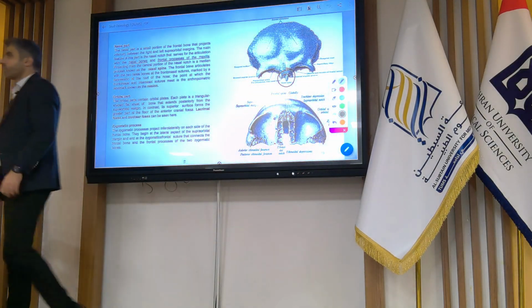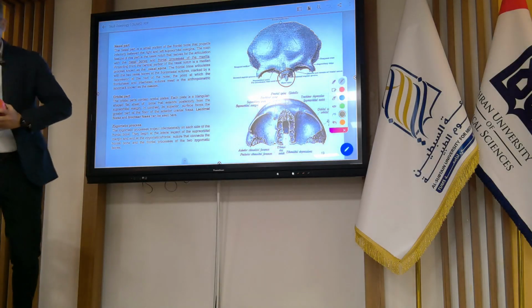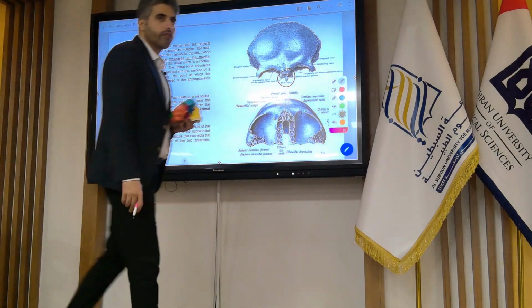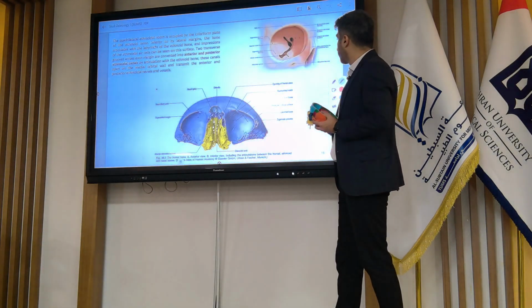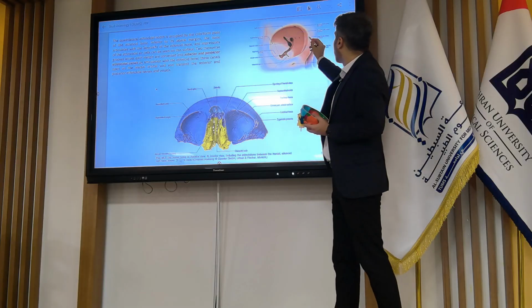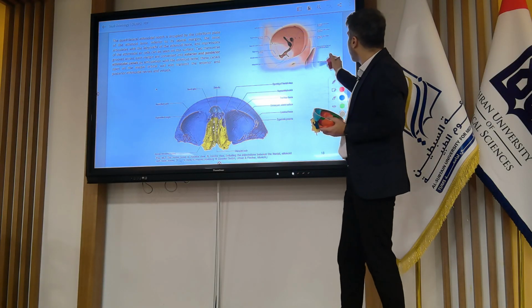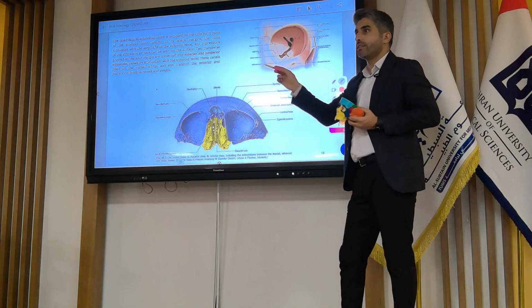The nasal part of the frontal bone is for the nasal bones. As you can see, the nasal bone attaches to the nasal part. The name of this suture is the frontonasal suture. What is the name of the suture between the two nasal bones?